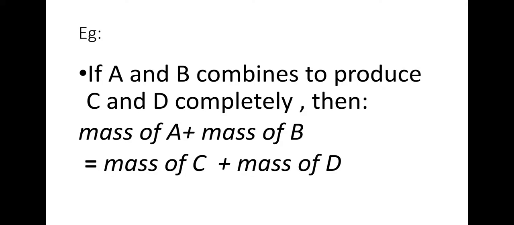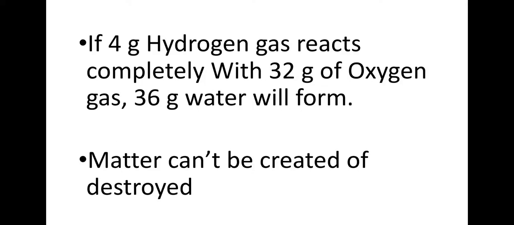That means before and after the reaction, no mass is lost. That means no matter is created or destroyed. Another example I may say, let us say 4 grams of hydrogen gas and you allow it to react completely with 32 grams of oxygen gas. So how much water will be formed? It is the simple summation of the weights of the reactants.